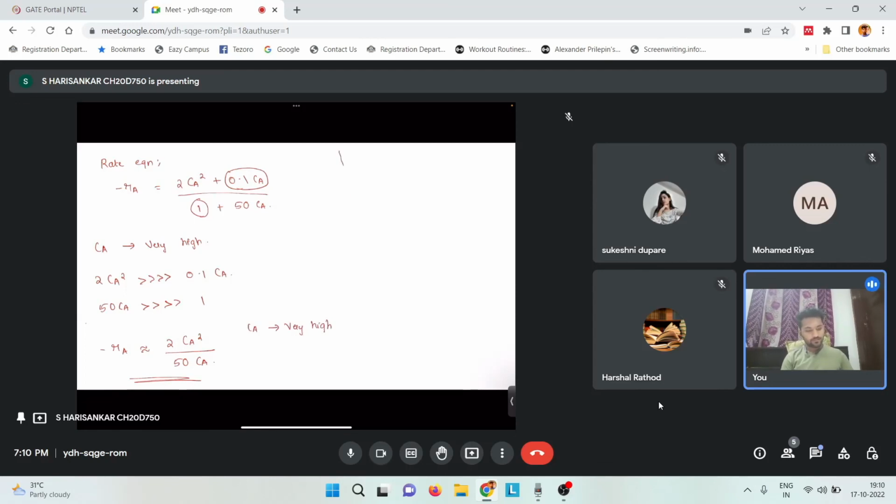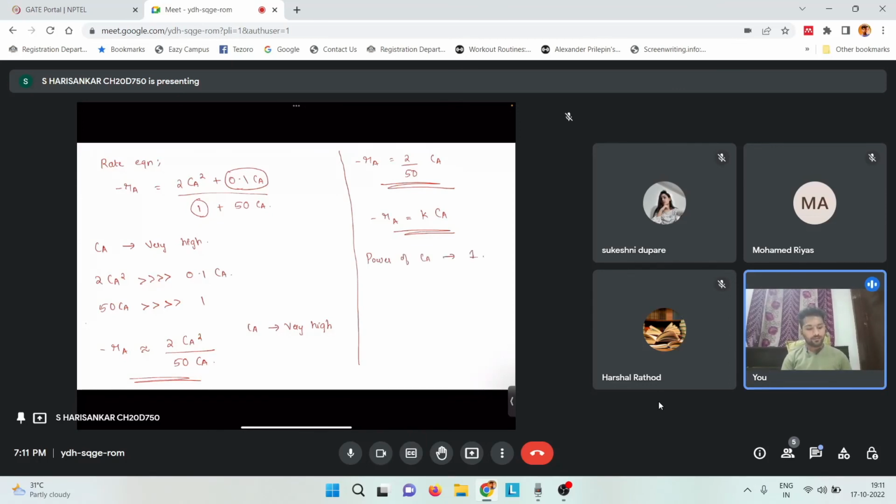So rewriting this, minus Ra will be 2 by 50 into Ca square by Ca, that is Ca. So this is of the form minus Ra is equal to K Ca, and the power of Ca is 1.